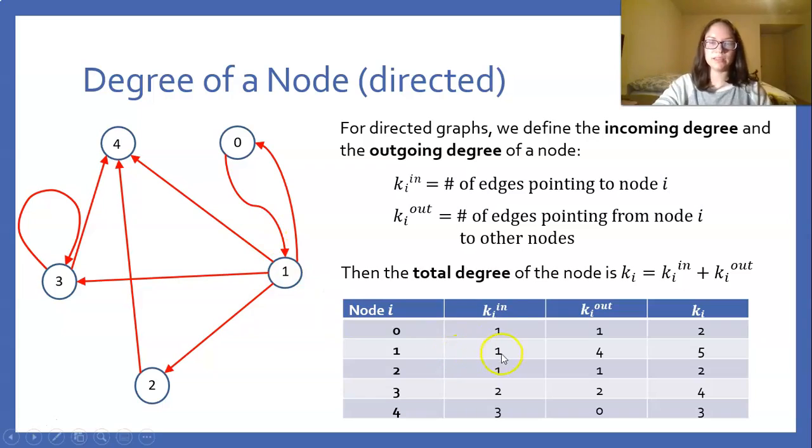So the incoming degree of node 1 is 1, which we have on the chart. In the same way, next we look at the outgoing degree of node 1, and you'll see on the graph that there are 4 edges going out of node 1 to other nodes. So the outgoing degree of node 1 is 4, and when we sum those up, 1 plus 4, we get 5, which is the total degree of node 1. And you can do this for every node on the graph.